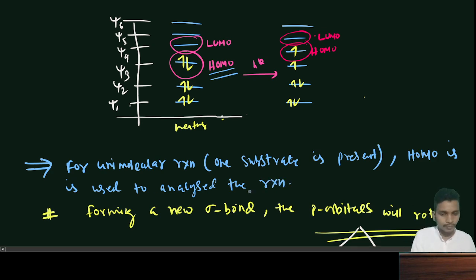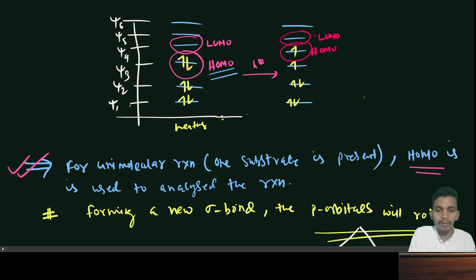This is a very important point: if it is a unimolecular reaction like electrocyclic reactions, then the HOMO is used to analyze the reaction. And if it is not unimolecular, like cycloaddition reactions where two substrates are there, that is bimolecular reactions, then both HOMO and LUMO are used to analyze the reactions. But if it is unimolecular, that is one substrate is present, we will only consider the HOMO to analyze the reactions.